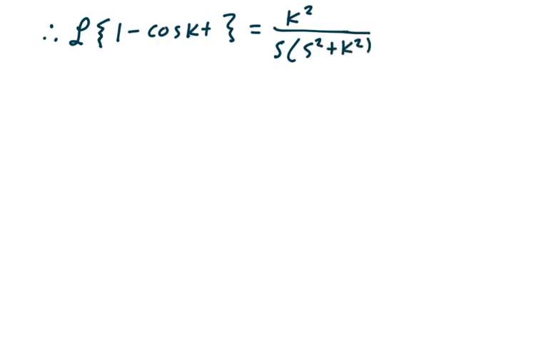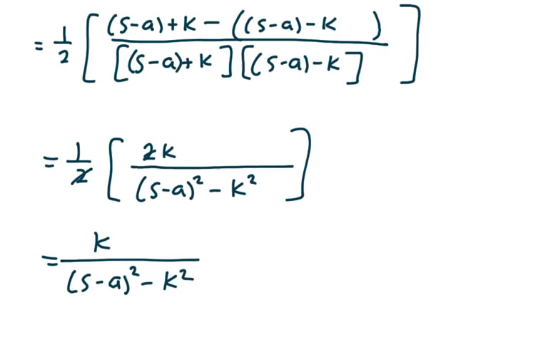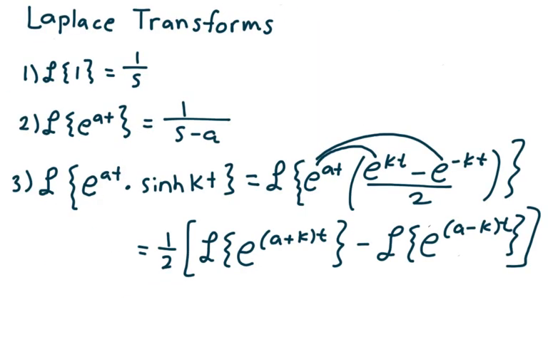So you can see it's really nice. I see a lot of formulas on this formula sheet, or this table for Laplace transforms, probably 15 formulas that solely rely on these first two formulas.